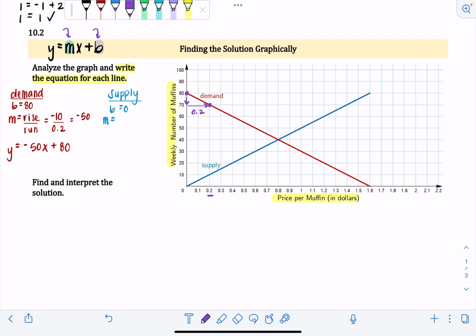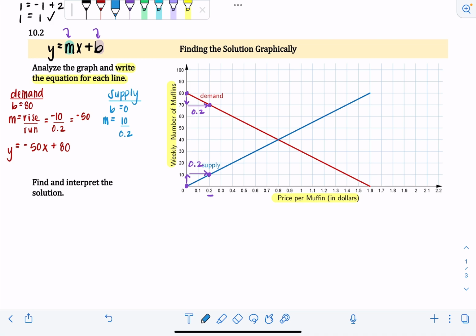For my rise, you just have to pick 2 points. I'm going to pick this point right here and then this point right here. My rise is going from 0 up to 10, so my rise is 10 and it's positive this time since I'm going up. And then my run, I'm going from x equals 0 over to x equals 0.2, so my run is 0.2.